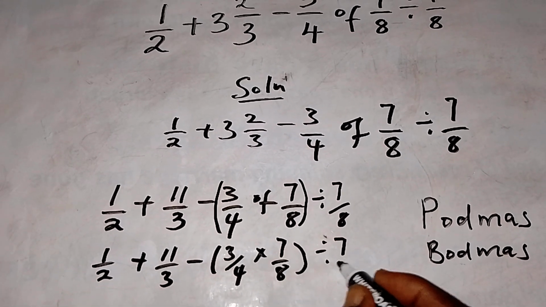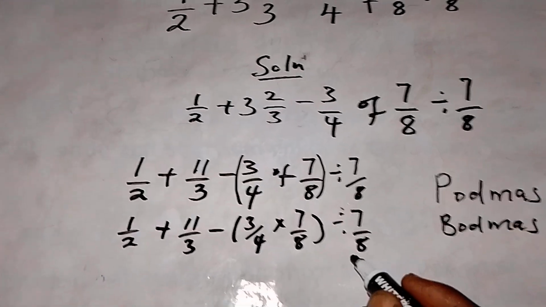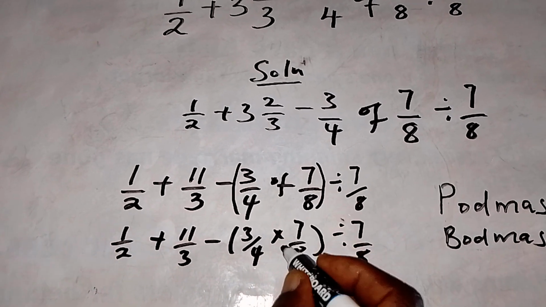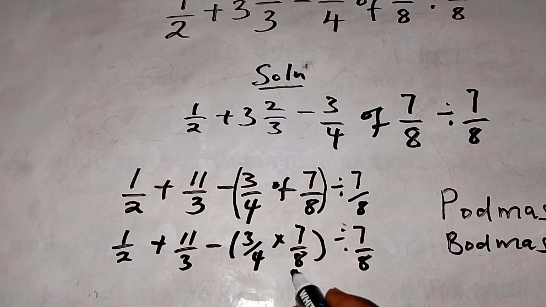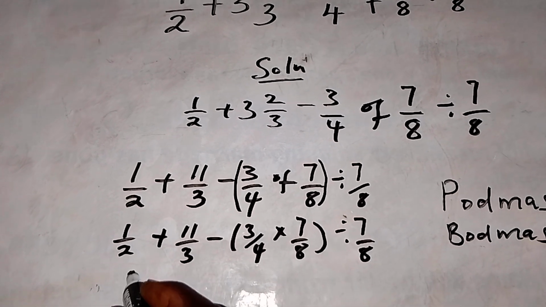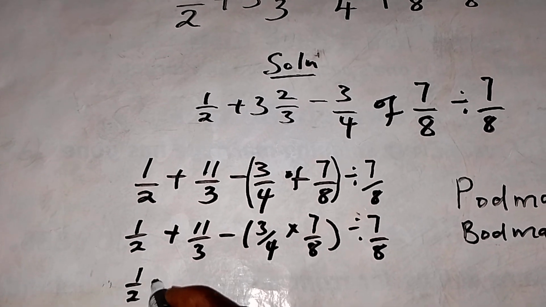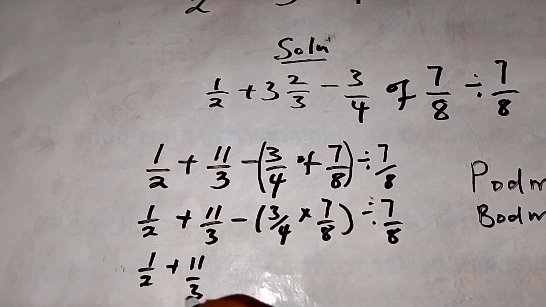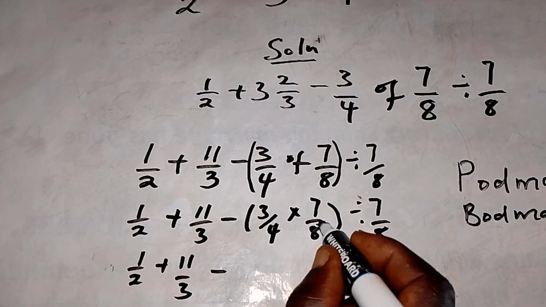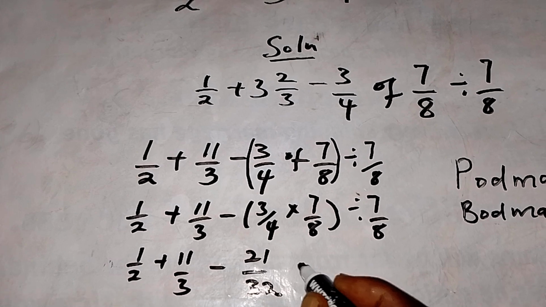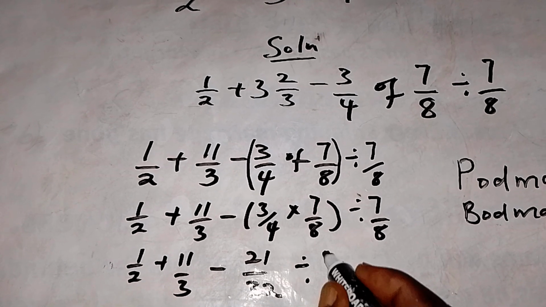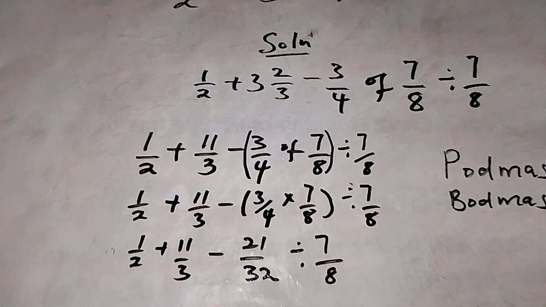So of changes to multiplication, so we'll have 21 over 32. So we'll have 1/2 plus 11 over 3 minus, the whole of this is 21 over 32, then divide by 7 over 8.